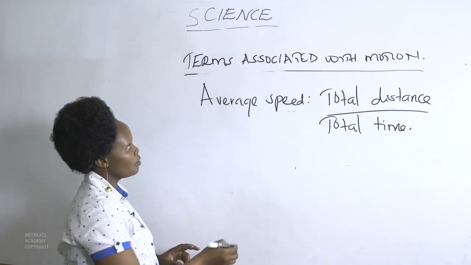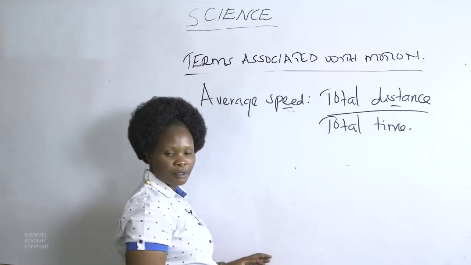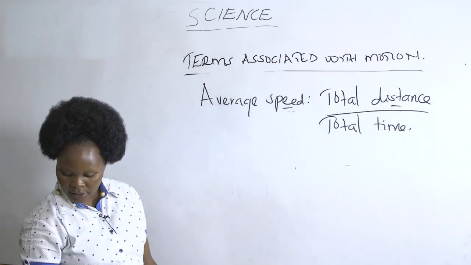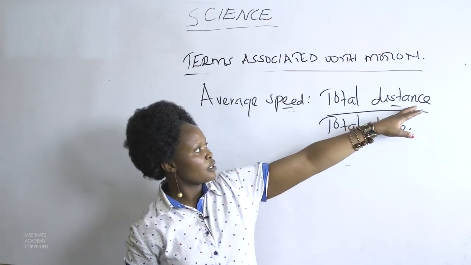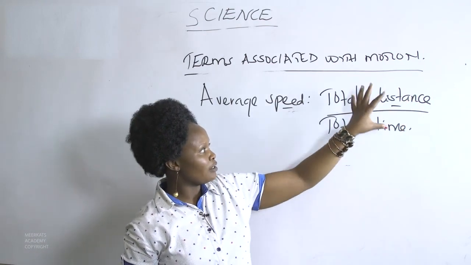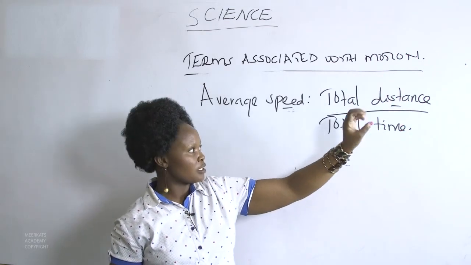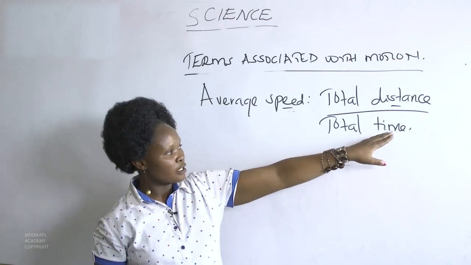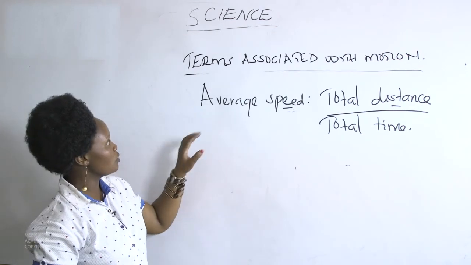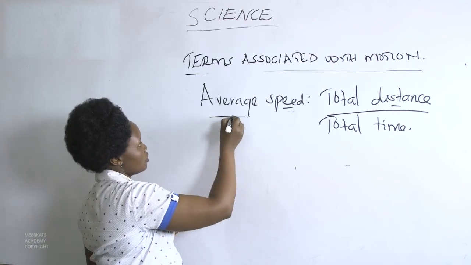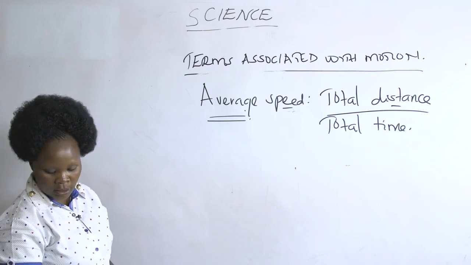Remember, we are talking about speed, therefore we have to pair it with a scalar, which in our case is distance. When you sum up every distance that has been covered, and you divide by the total time taken, what you come up with is what we call the average speed.